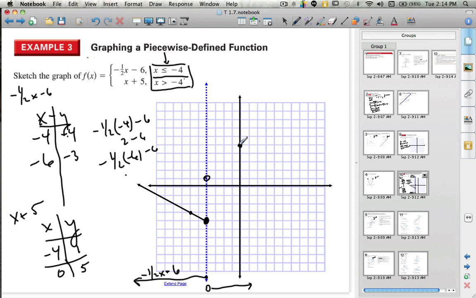Here's my next point. And I would go ahead and graph like that. So that's what a piecewise function looks like. The x-axis is split into different parts, and I use one graph for each part of the x-axis that has been split up. So over here, it was -1/2 x minus 6. Over here, it was x plus 5.